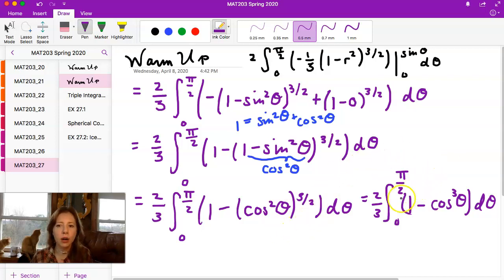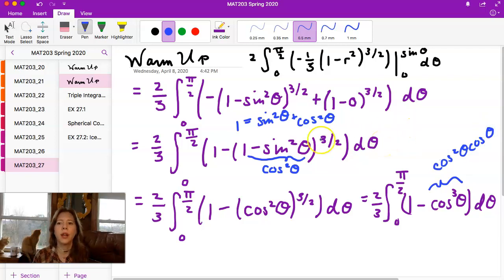And we are going to rewrite our 1 minus cosine cubed theta. We can rewrite cosine cubed theta as cosine squared theta times cosine theta, right? So this is the same thing as cosine squared theta cosine theta.